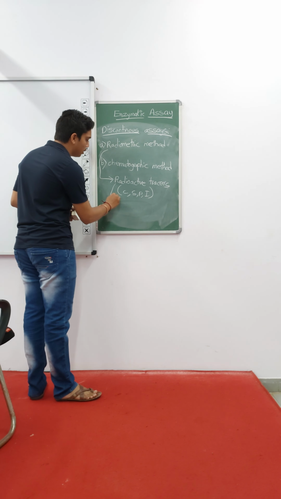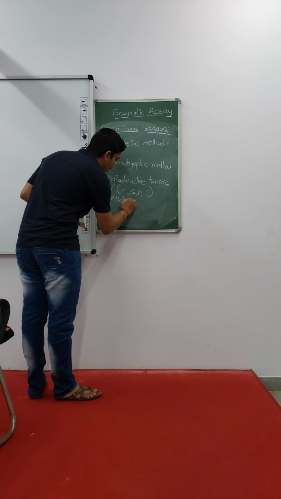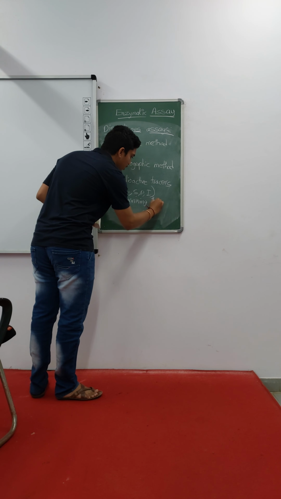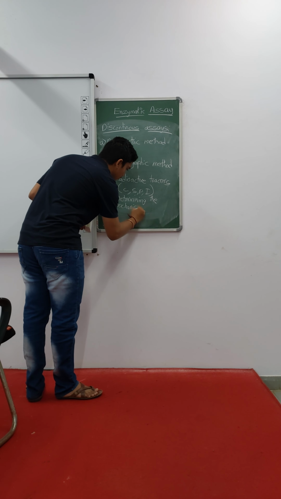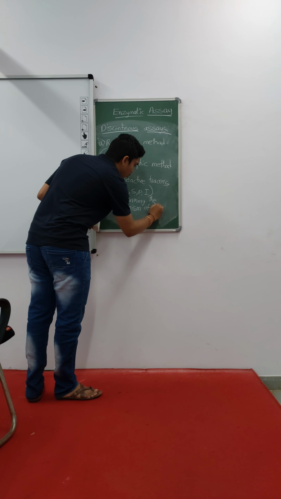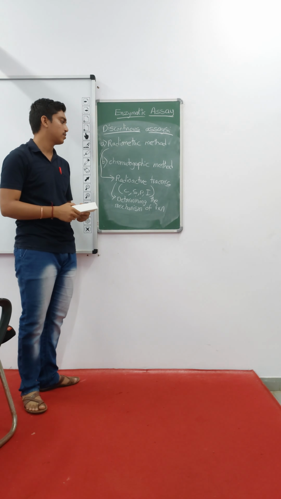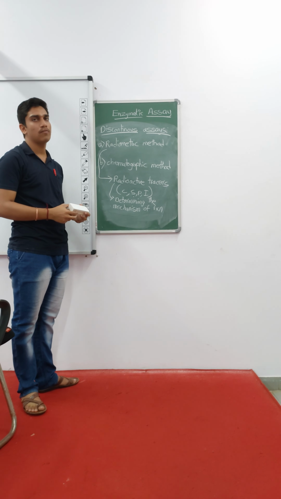These radioactive tracers find their application in determining the mechanism of the reaction. In nuclear chemistry, you are familiar with radioactive tracers. It's an application, so there is no need to explain much of that topic.